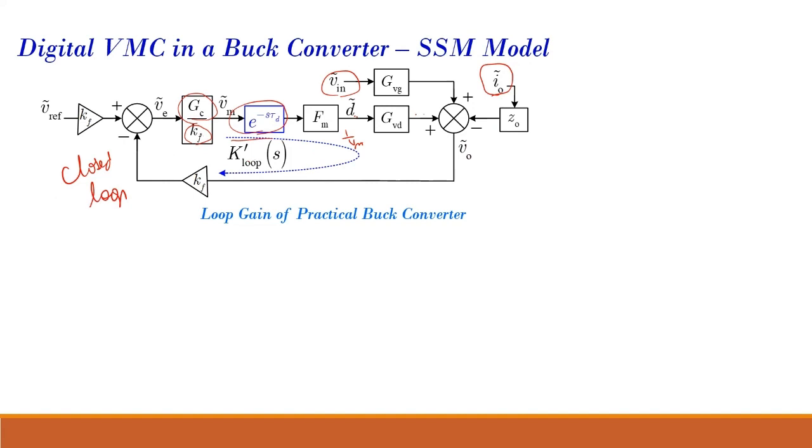Your loop gain is the product of all these transfer functions in the loop. So your K loop dash is equal to GC into e raised to minus tau d into FM into GVD. This KF and KF cancel out.